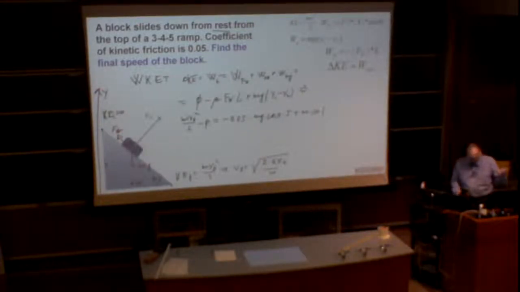And where can we choose the origin? Where can we choose 0 level? Anywhere. So the rule of thumb is choose it at the lowest location. That makes all heights positive automatically. So now I can write the initial and final. What number should I write for the y initial?